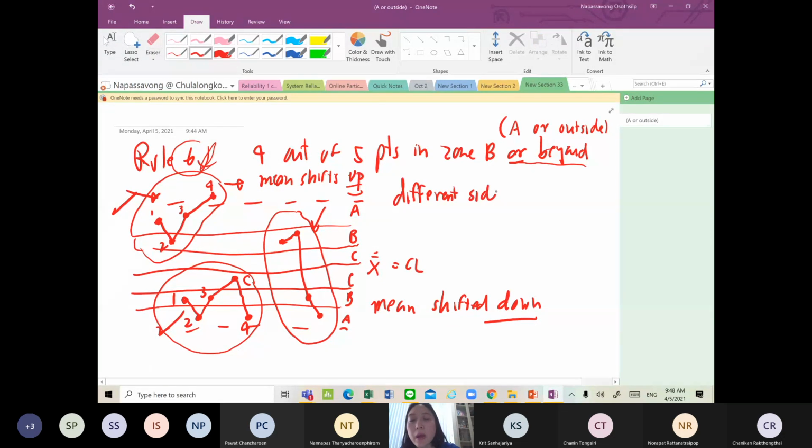Do you think this pattern violates rule number 6? Violating rule number 6 means you conclude that the mean shifted up or down. So in this case, is there an abnormal pattern, or a shift in the mean, if you see a pattern like this?